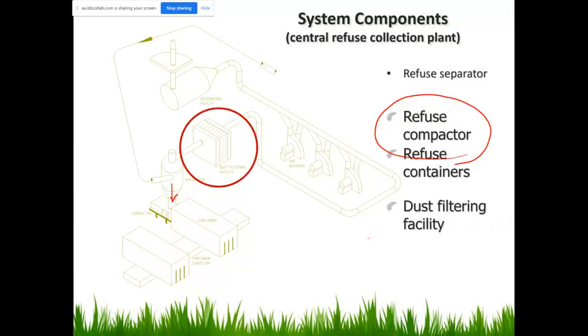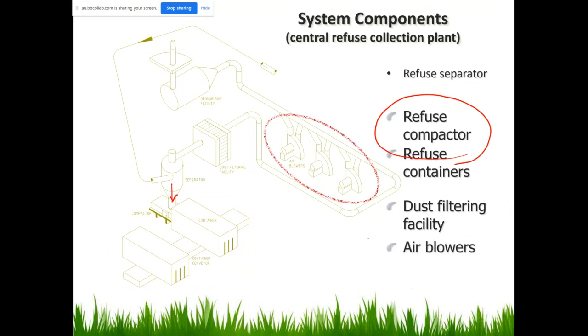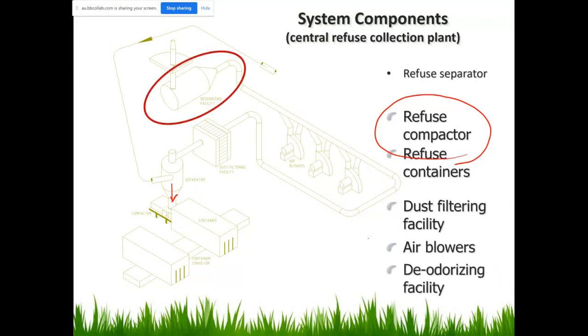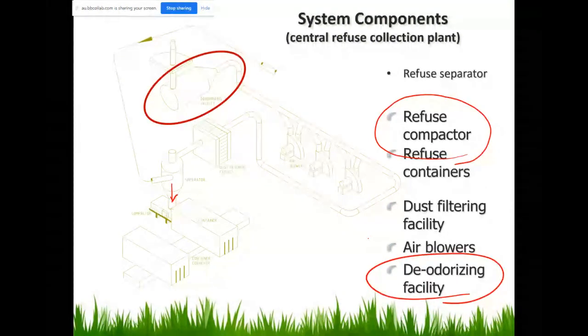For the system, we need to make sure the discharge air is of good quality, so we have some facilities to filter the air, and we have a fan to make sure we have sufficient pressure to dilute the odor. In most cases, we will also install a deodorizing system to get rid of the odor and the smell.